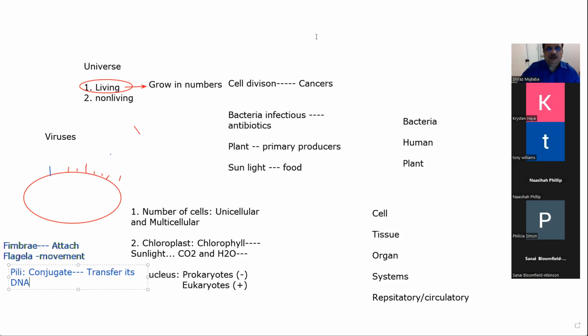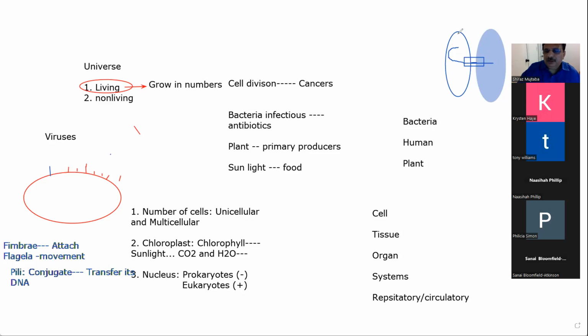So there could be a bacteria which has a pili on the surface, and this bacteria can conjugate with a bacteria that doesn't have a pili, and through this pili, the bacteria can conjugate and can transfer its DNA.